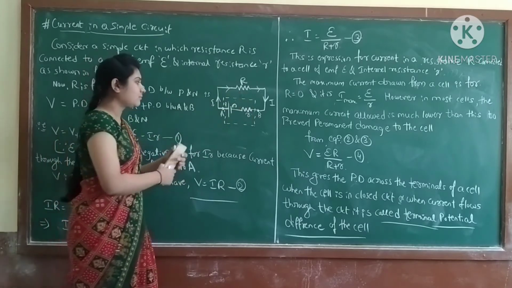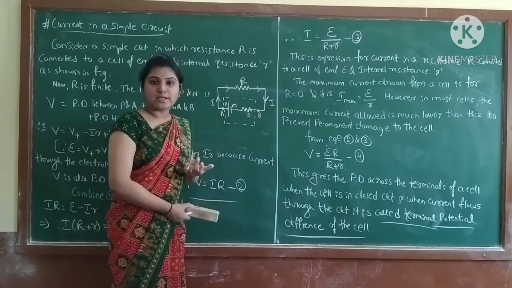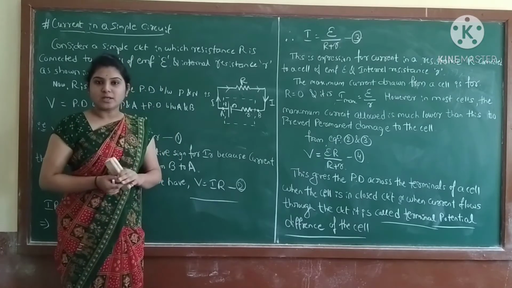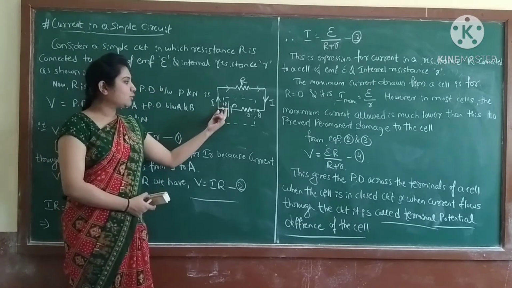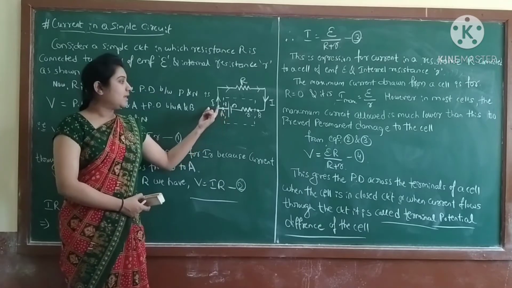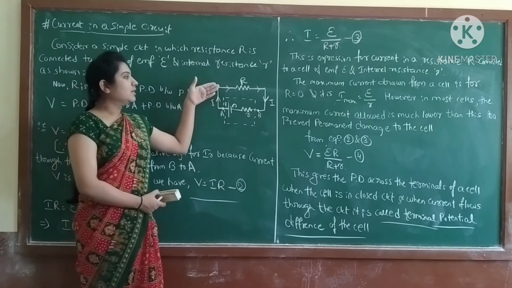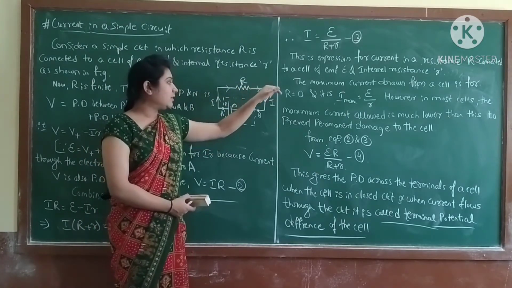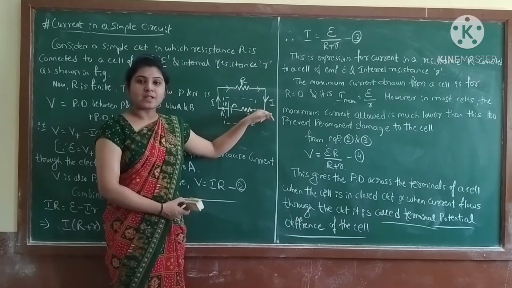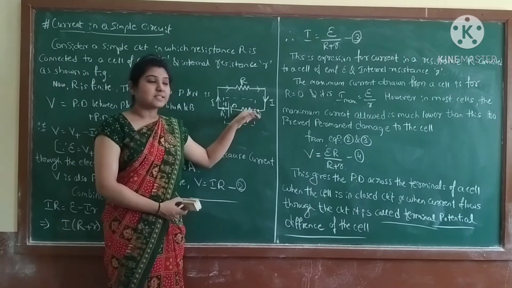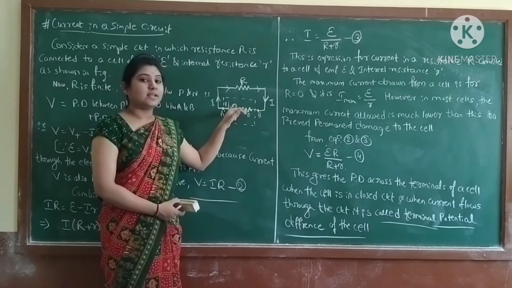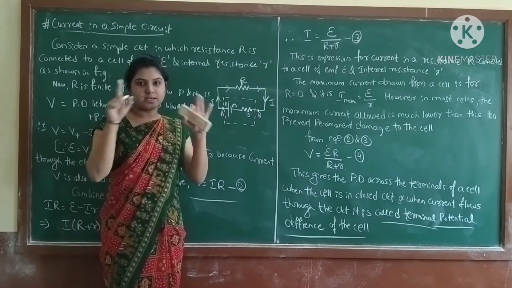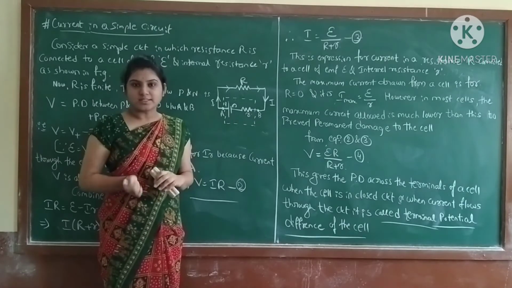So now the current is flowing. We know that usually current flows from the positive terminal to the negative terminal. So from the positive terminal it will go to the point A. Later it will move like this and cross the external resistance capital R. Then it will come to the point B and pass through the internal resistance, and again it will go to the N, the negative terminal, and like this it will flow through the circuit that we considered.